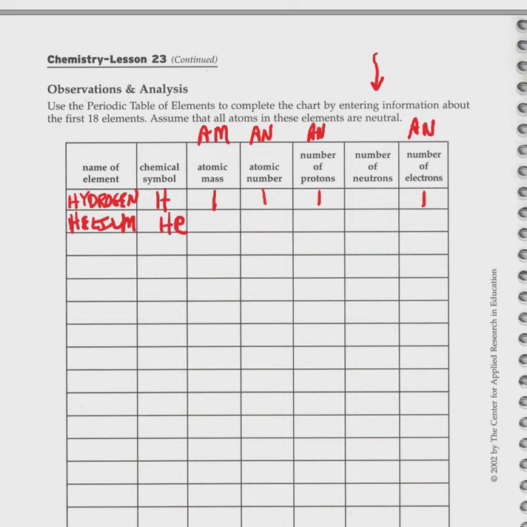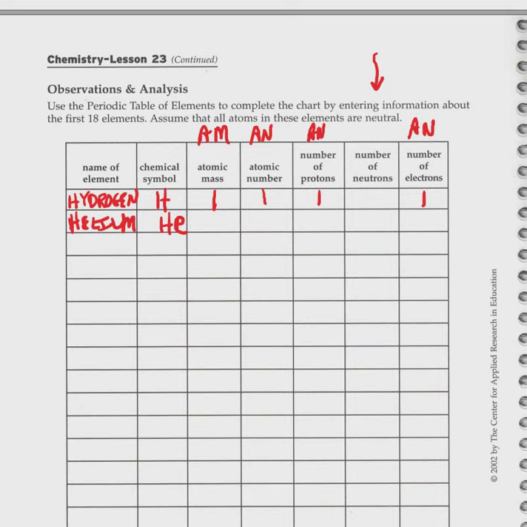Remember that the first letter is capitalized, the second letter is not, because there are other elements, such as barium, where somebody might think it's boron and argon if they were both capitalized. So you have to use capital and lowercase for your chemical symbol or elemental symbol.